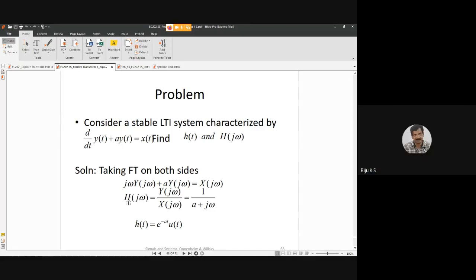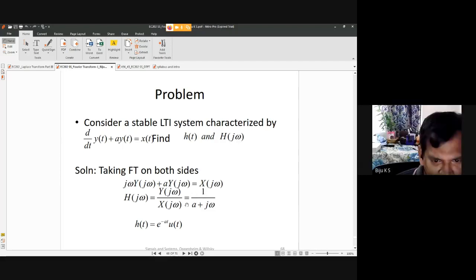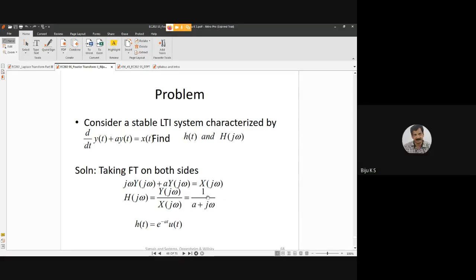How do we find the magnitude response? We take the modulus of H of j omega, which is equal to the modulus of 1 by a plus j omega. You take the root of real square plus imaginary square in the numerator, and the denominator also the root of real square plus imaginary square.